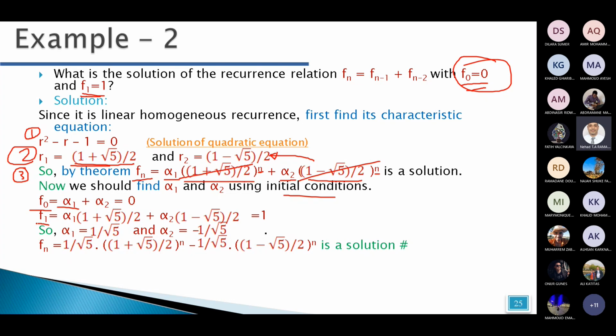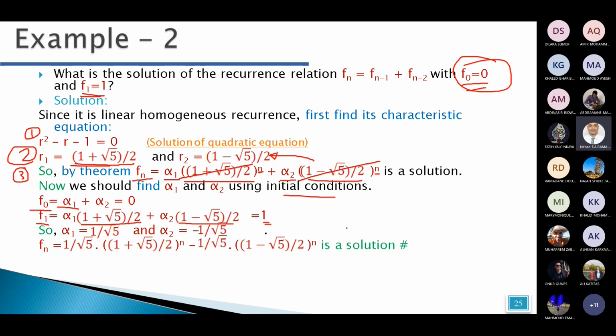Okay. Now F1, same idea. Power 1 means we take it as it is. So it's alpha 1 multiplied by the first solution plus alpha 2 multiplied by the second solution equals 1.